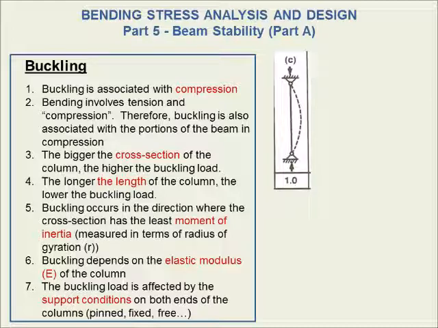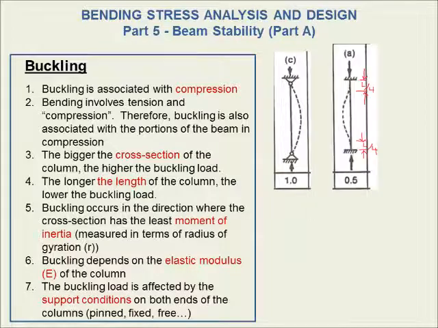What if we had a column that was fixed at the top and the bottom? What we can see here is that we have changed the shape that it takes when it bends, because we have constrained it, restrained it from bending, or from rotating, I should say, at the support locations. So we have thereby reduced the length of the column that is available to bend and buckle, right?